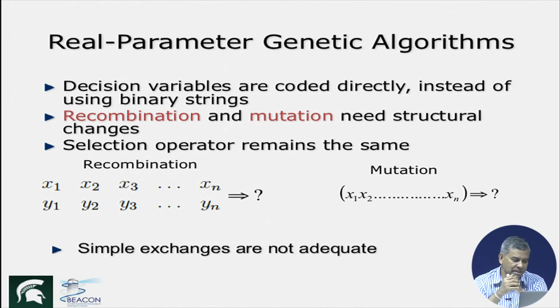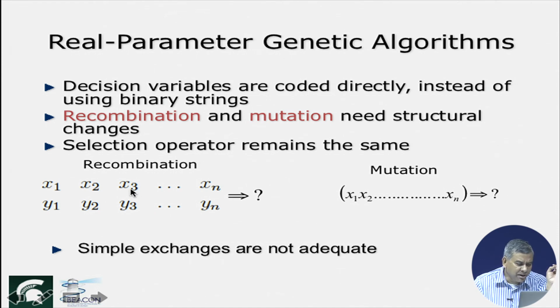Okay, so that's the idea. So what do I do when I have one parent with n variables, these are all real numbers, and another parent here, how do I get two new children? That's the part of the real parameter crossover. And when I have a real parameter mutation, I have a vector here, how do I create a new vector? Okay.